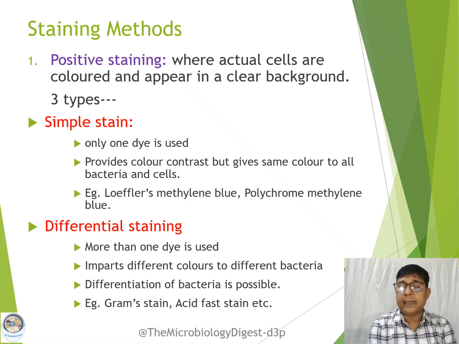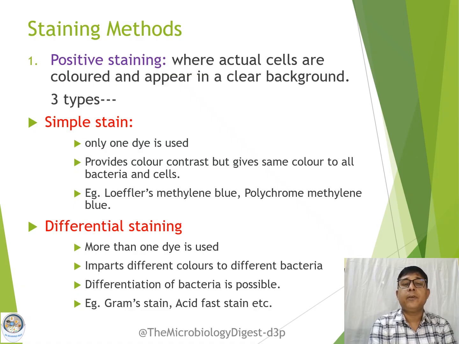When we apply the stain, the color will be taken up by the bacterial cell, and the background will remain clear. So in positive staining, the organisms take the color, but the background remains clear. This is positive staining.